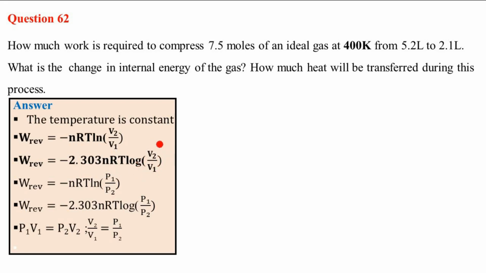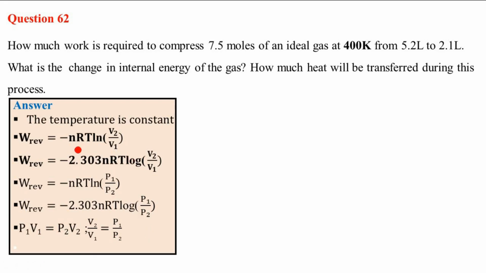We are using this one, but we have other formulas which can be used to calculate the work done in the reversible process at constant temperature, like this one, for example, and this one, and the other formulas that can be used when we are looking for other parameters.